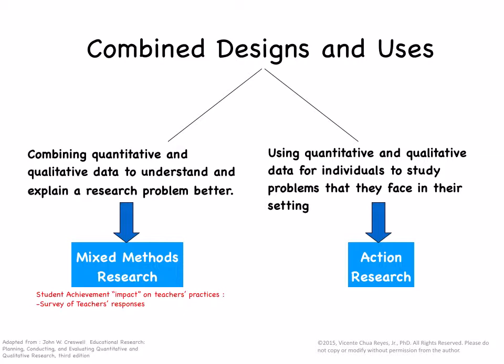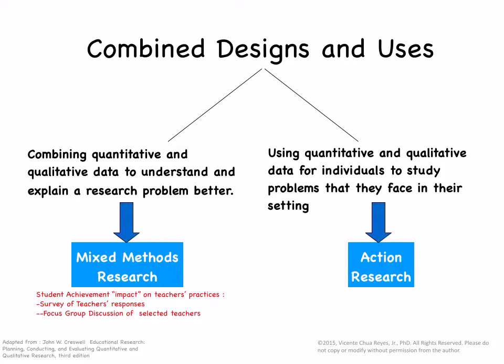The qualitative component can take the form of focus group discussions of selected teachers as they explain what they perceive is the impact of student achievement on what they do. This would be an example of a mixed methods research, combining quantitative and qualitative research.